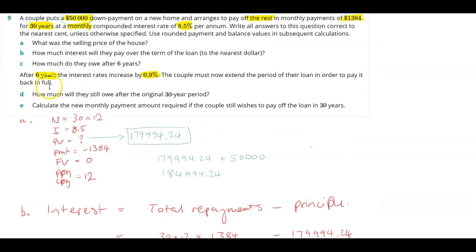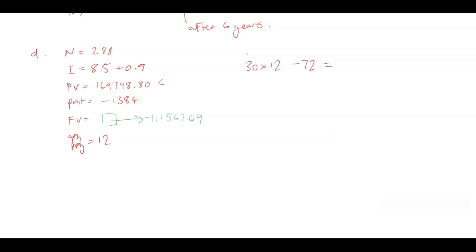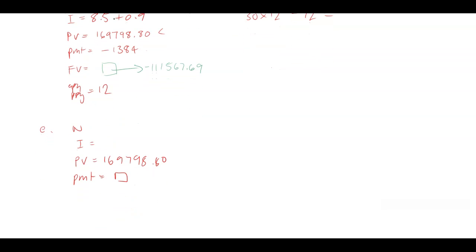And the next question asks us, calculate the new monthly repayment required if they wish to pay it off in 30 years. So, instead, we're going to start at the same starting place. So it's after that 72 payment. So we're still going to have 169,798.80 owing. PMT is now unknown. I is the 9.4 that we've said. N is still 288 because they want us to finish this loan in the same amount of time.